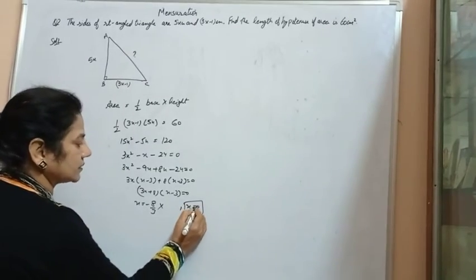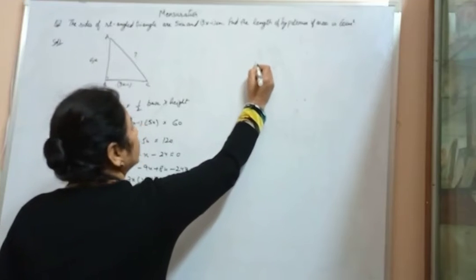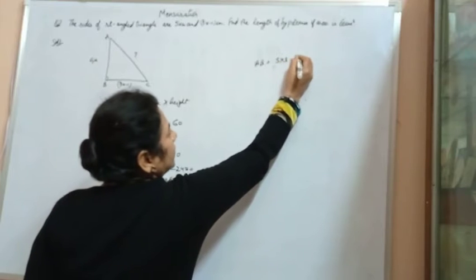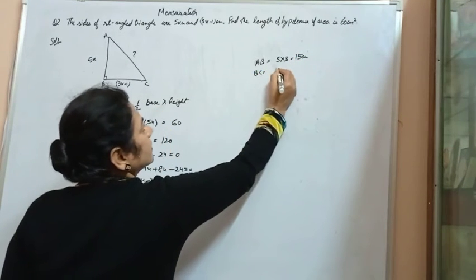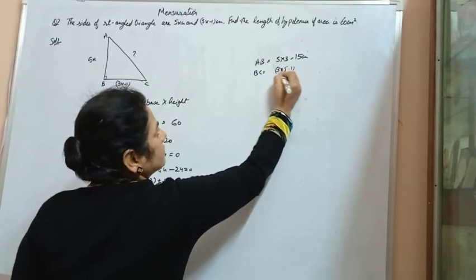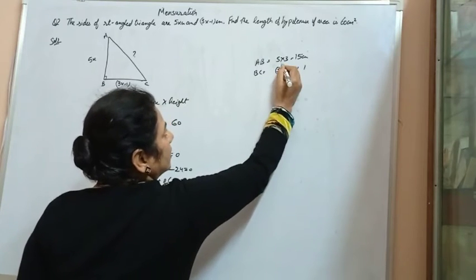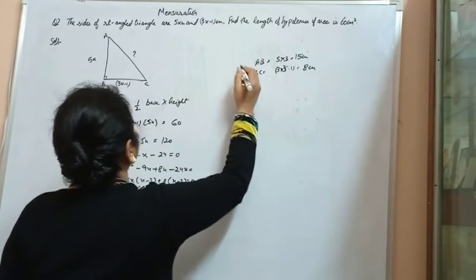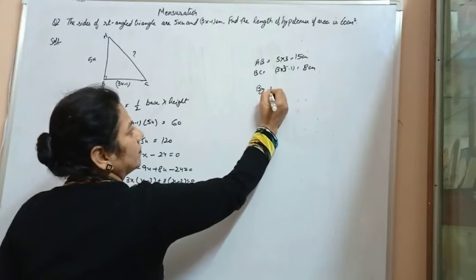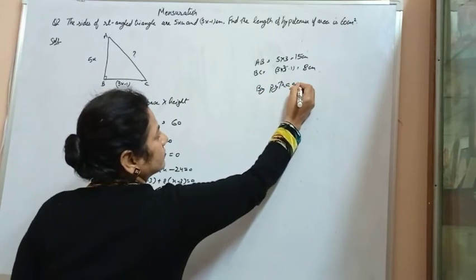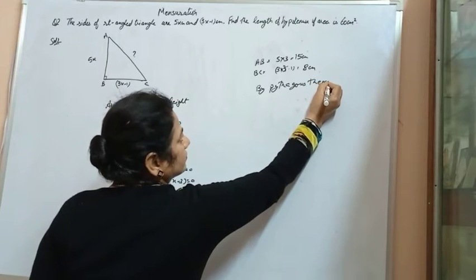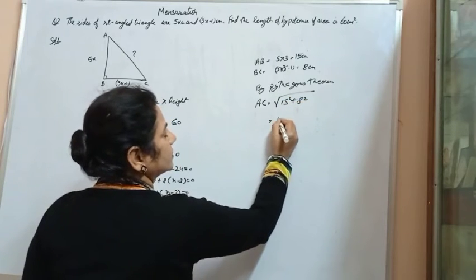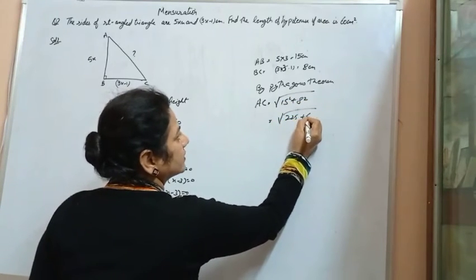So let x be equal to 3. Then the side AB is 5 into 3, 15 centimeter, and BC is 3 into 3 minus 1, which is 9 minus 1, 8 centimeter. So by Pythagoras theorem, AC is equal to under root of 15 square plus 8 square, which is equal to under root of 225 plus 64.